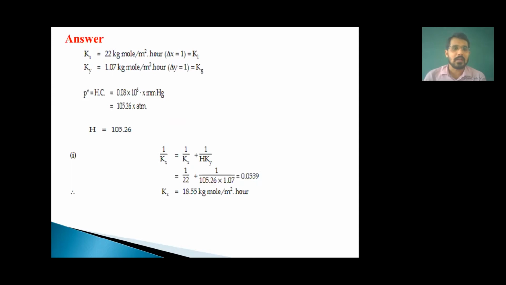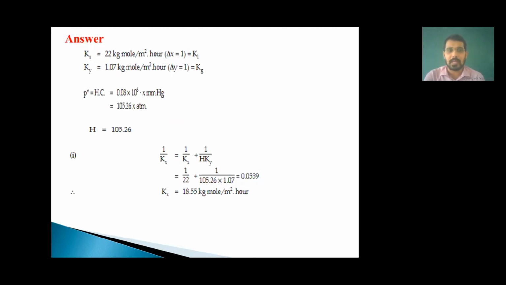Given values are the individual mass transfer coefficients for liquid phase and gaseous phase. Small kx, that is for liquid phase, the individual mass transfer coefficient is equal to 22 kg mole per meter square hour, delta x, that is concentration for the liquid phase, is equal to 1.